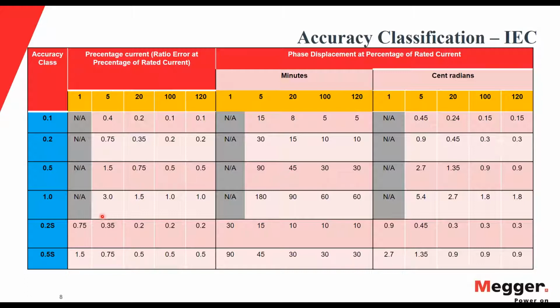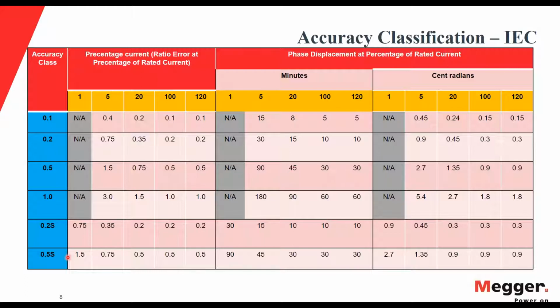So here at 5% rated current, my acceptable error is 0.35. So when I have a low current in this CT, it should give me better accuracy at lower currents as well. This 0.2S is compared to the normal 0.2, which has an accepted error of 0.75 at 5%. The 0.2S and 0.5S give you better accuracy at a lower range.